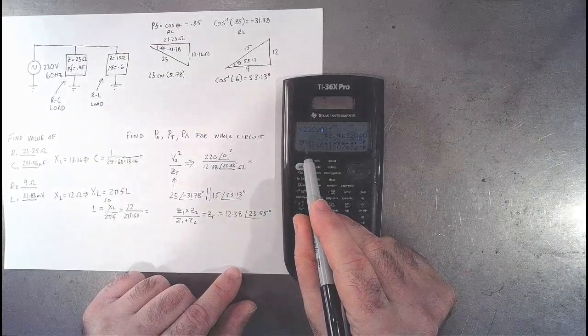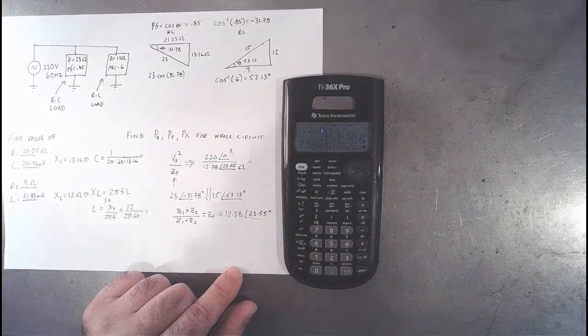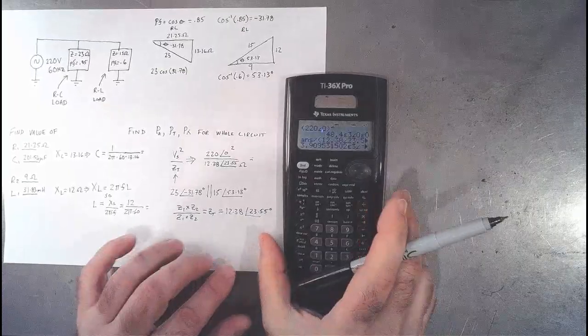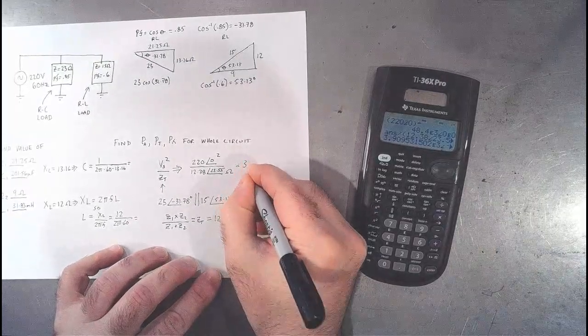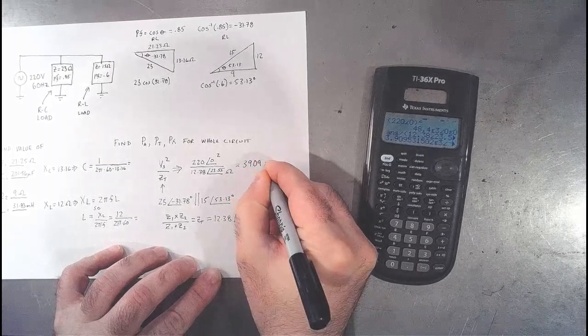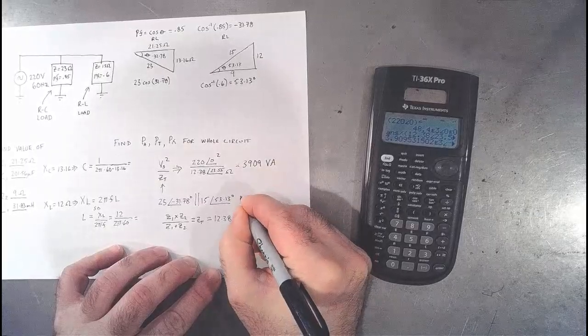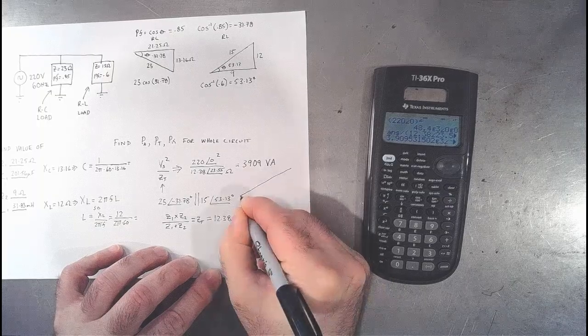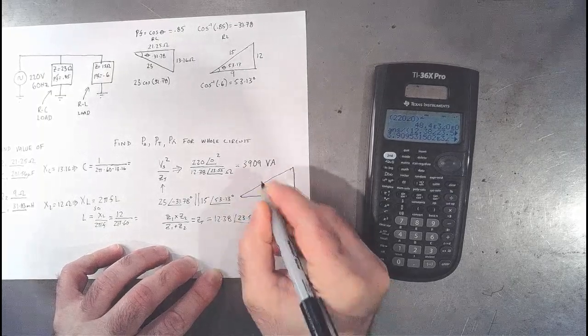All right. So I am getting 3.909 kilovolt amps. So I'm just going to call that 3909 volt amps right there. And let's draw that triangle. This is the power triangle right here.